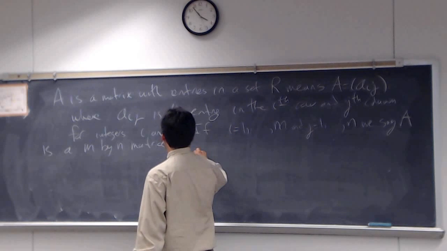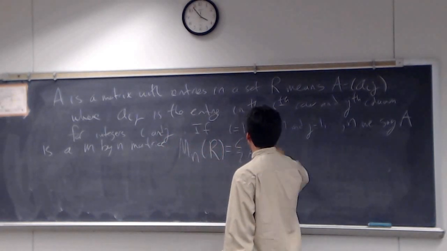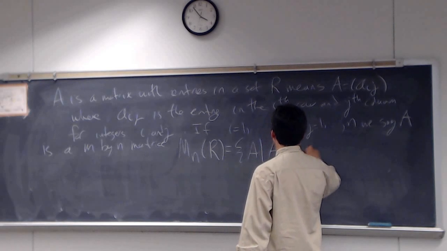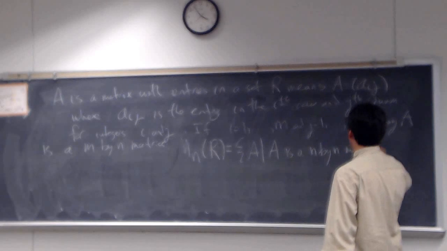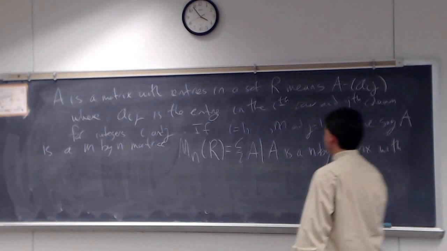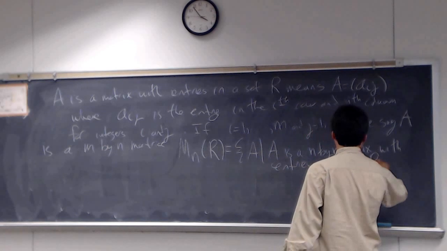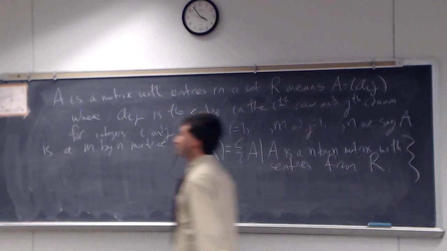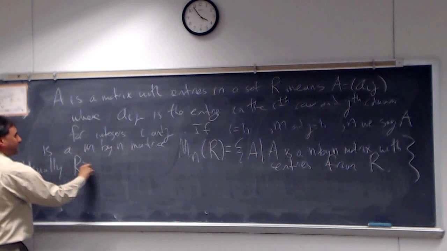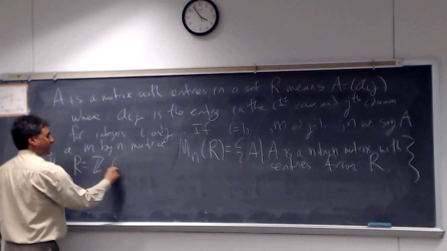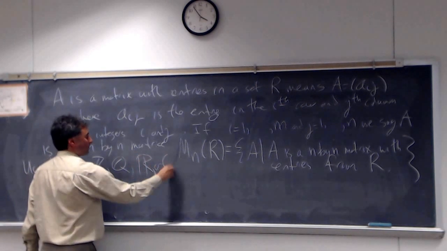So we denote M_n(R) the set of all A, where A is an n by n matrix with entries from some set R. And usually R might be the integers, the rational numbers, the real numbers, or C.